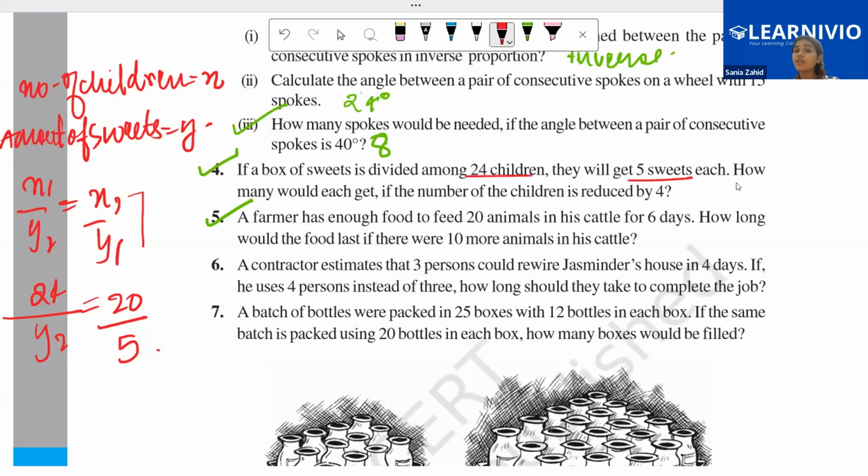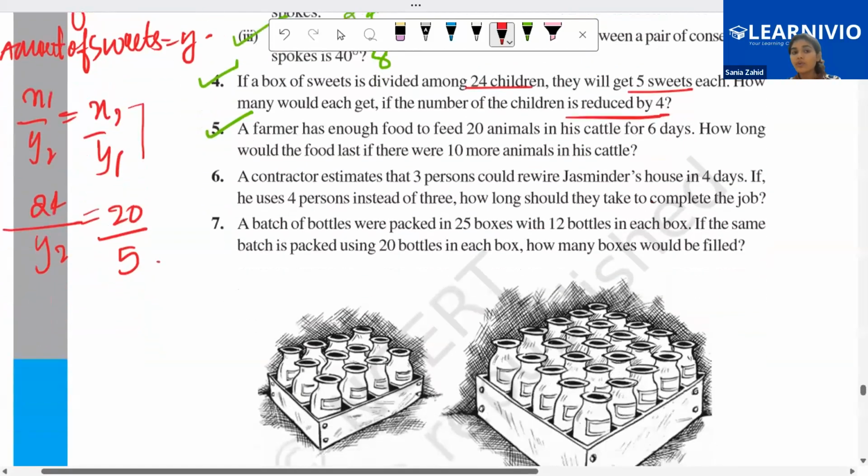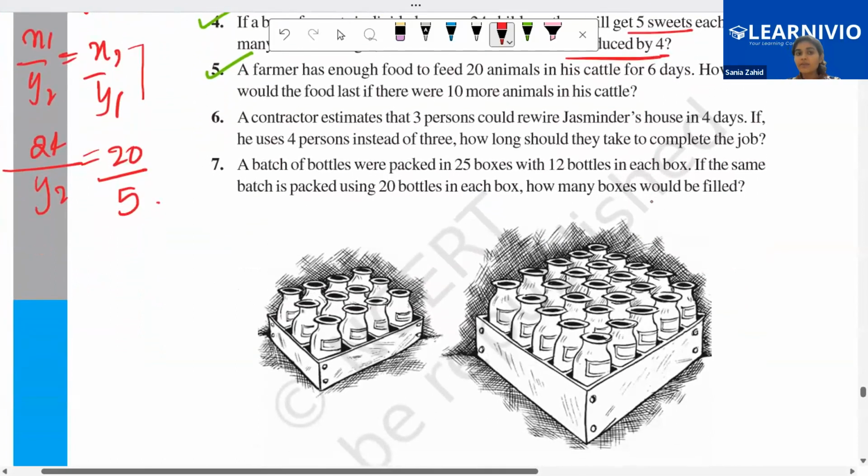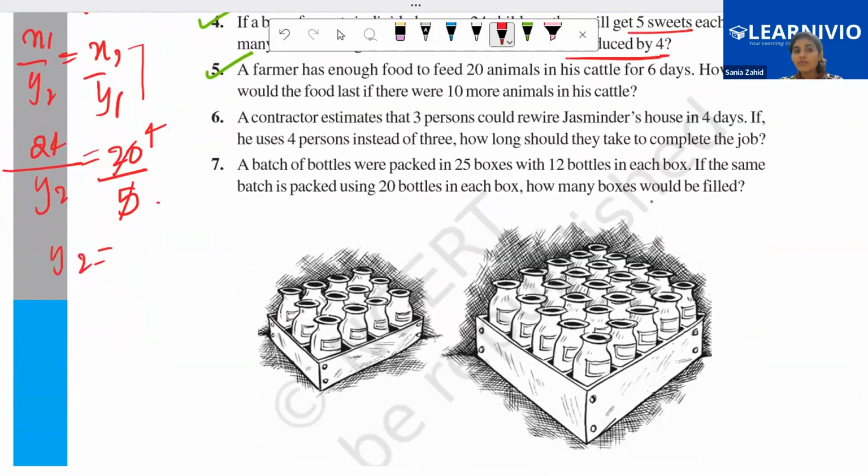Now they are asking how many sweets each will get if the number of children is reduced by 4. So it becomes 20. So 24 by Y2 is equal to 20 by 5. 5 into 4 is 20. So now Y2 becomes 24 by 4, which is 6. So 6 sweets.